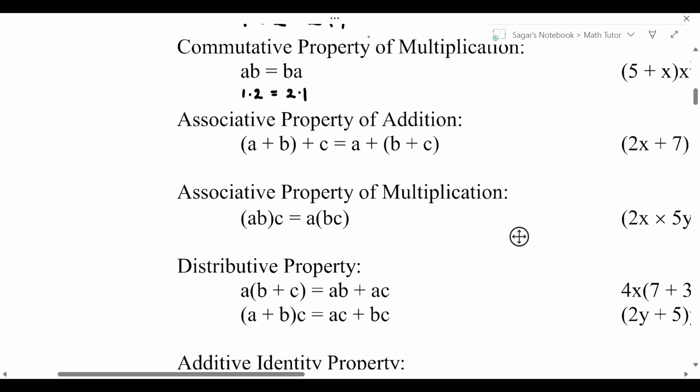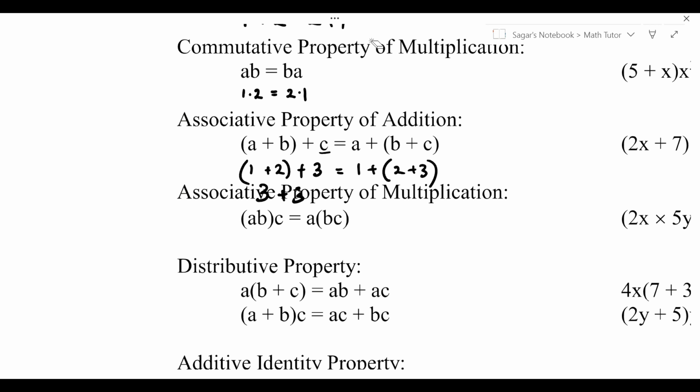The next one, the associative property of addition. So we've got 1 plus 2 plus c, we can make it 3, and on the right side we've got 1 plus, open brackets, 2 plus 3. Just say we work with the brackets first. So 1 plus 2 is 3, plus 3.